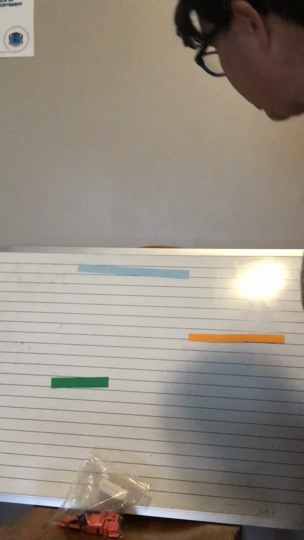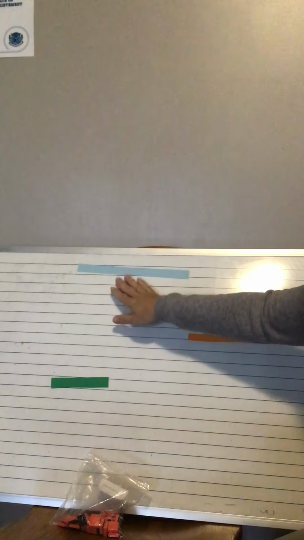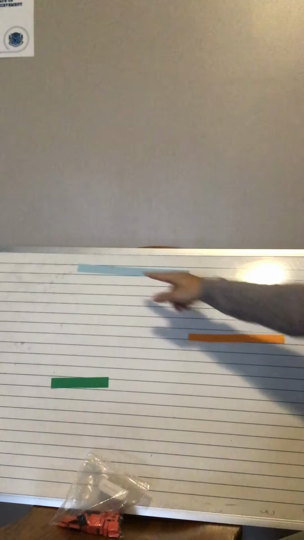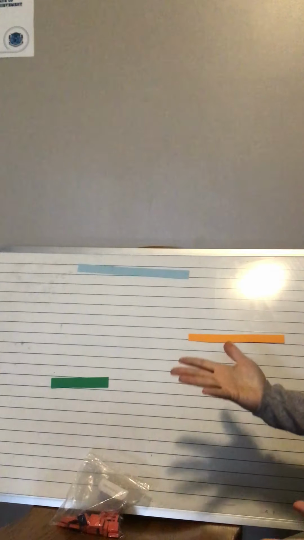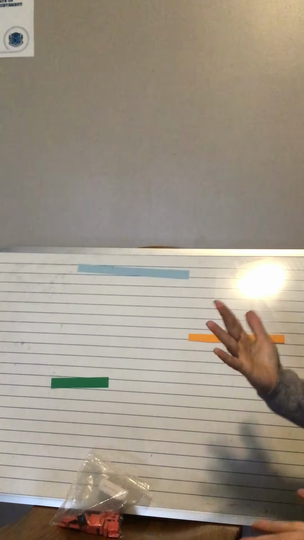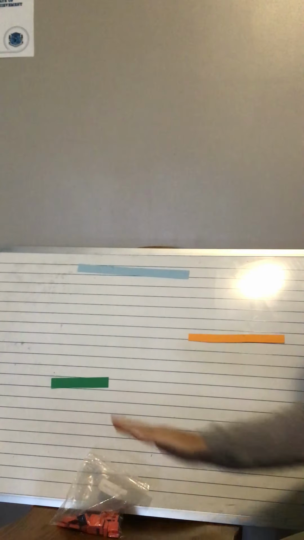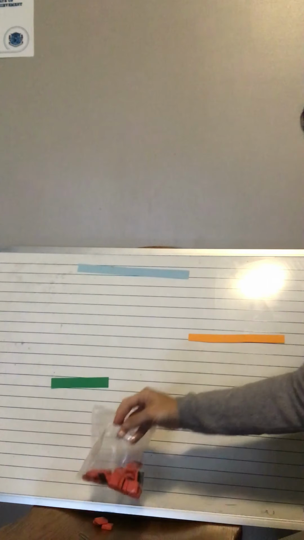If I was going to measure these 3 papers here, these 3 lines, what I really should do is put them all next to each other so they line up, and then I could see which one goes out the farthest. But they're stuck to the board. So if I can't move something, I can still find a way to measure them.